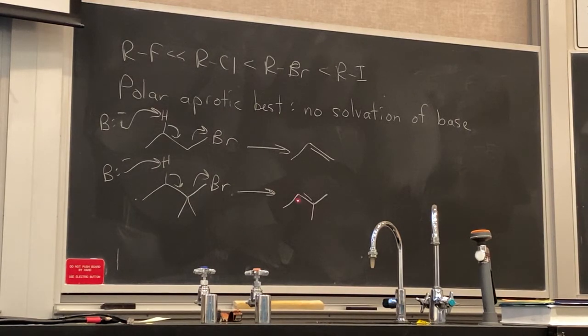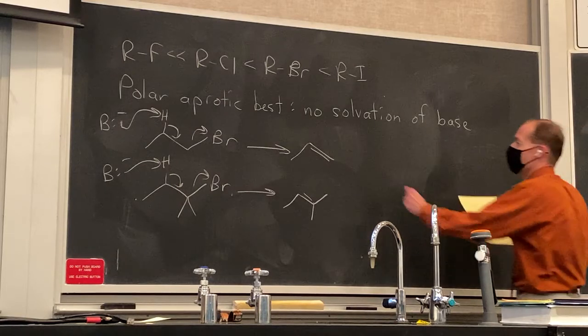So at the transition state, we have three alkyl groups donating electrons to the partial double bond. At the transition state forming the monosubstituted alkene, we have one alkyl group donating electrons to the partial double bond. So the transition state leading to this tri-substituted alkene will be lower in energy than the transition state leading to the monosubstituted alkene. Okay? So we have to go back to the transition states and make arguments about relative stabilities of the transition states to explain that the reaction with the tertiary alkyl halide will be faster.